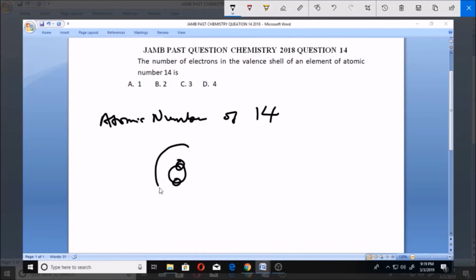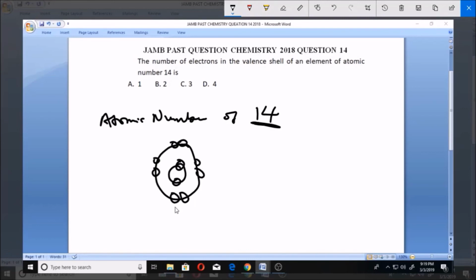Then subsequent shells have 8. So you now have to count out the number of electrons in the atomic number. So you have 14. So you have 1, 2. This one should have 8. So you have 1, 2, 3, 4, 5, 6, 7, 8.